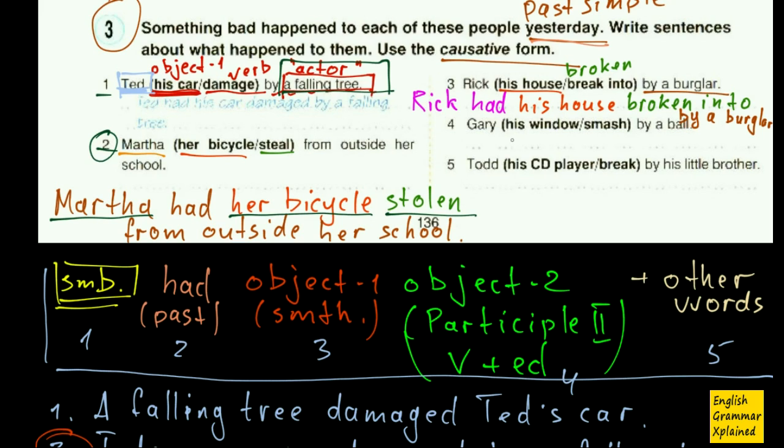Number 4, Gary, then in brackets his window, smash, by ball. So, what is my subject? Of course, Gary. Then I put had. Then comes his window, the first object.